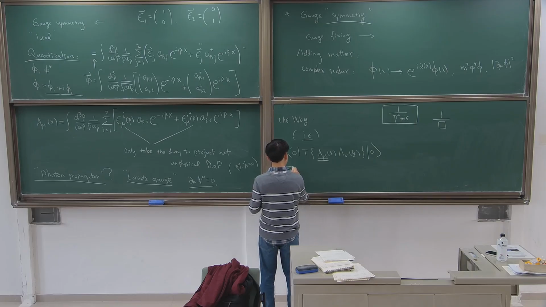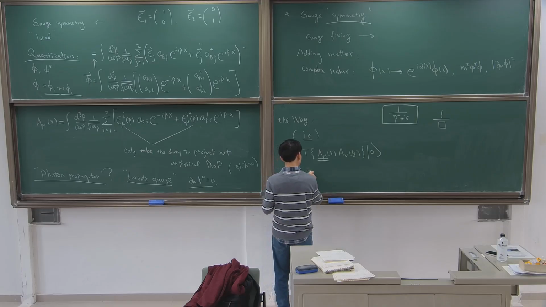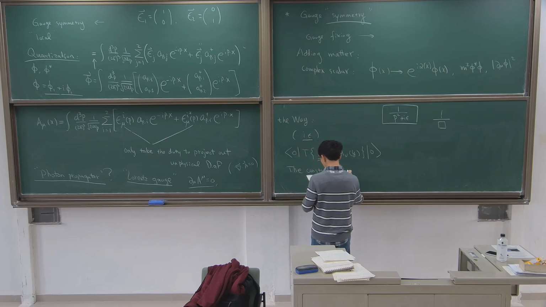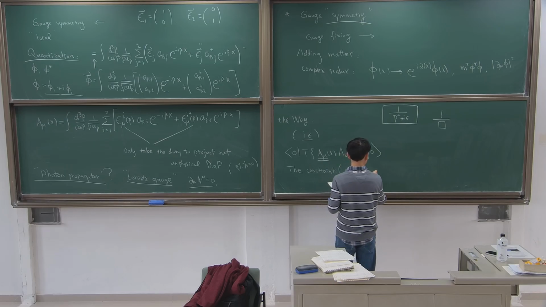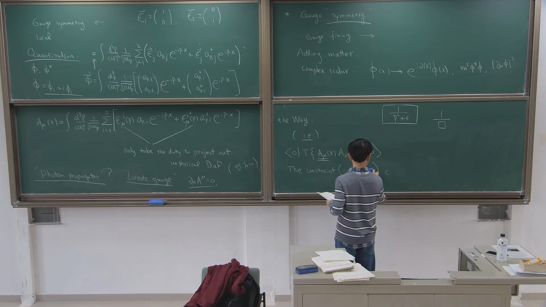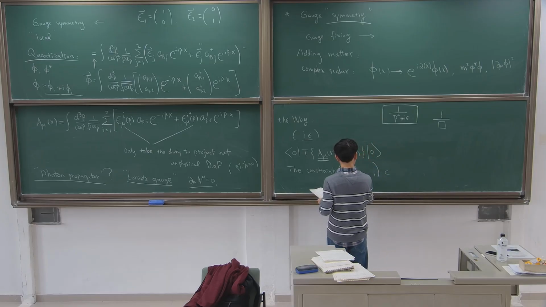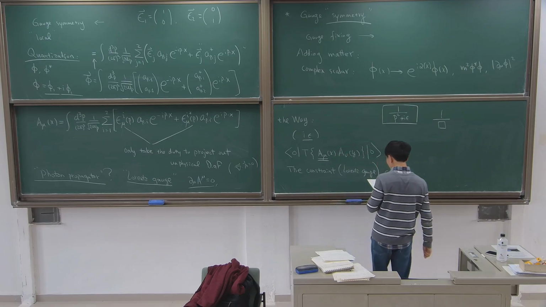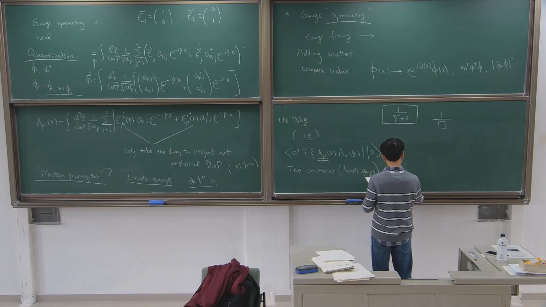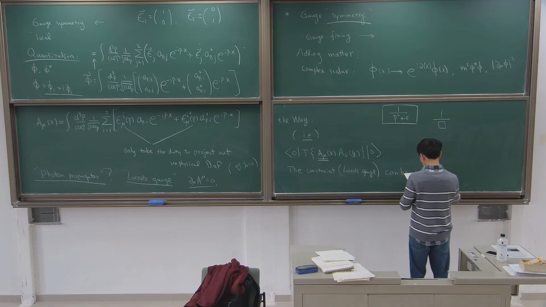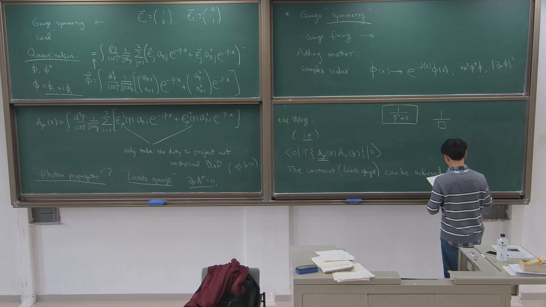Now the gauge fixing condition, the Lorentz gauge condition, can be realized by changing the Lagrangian.